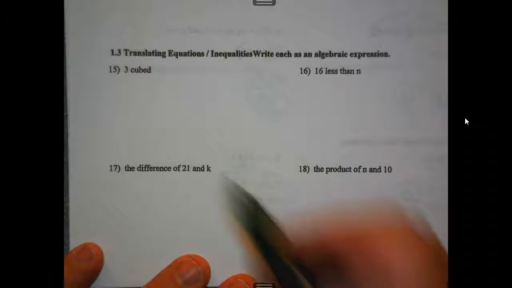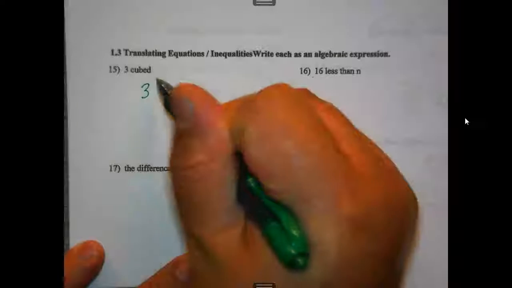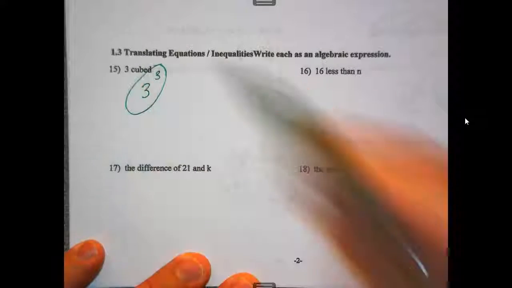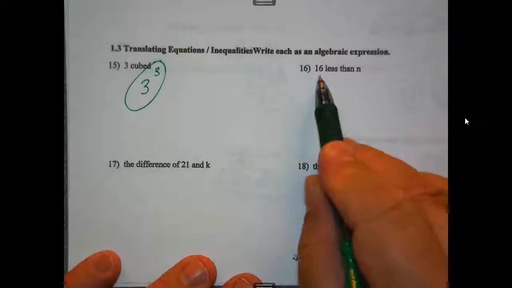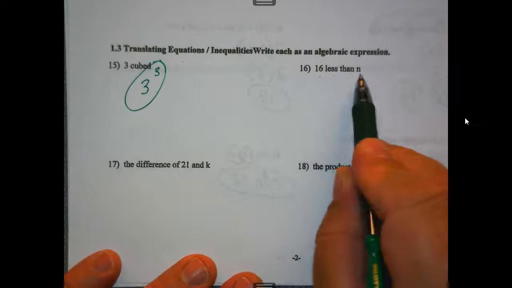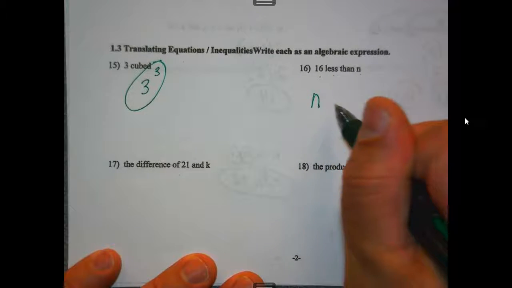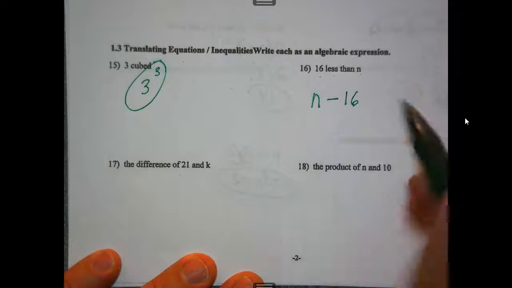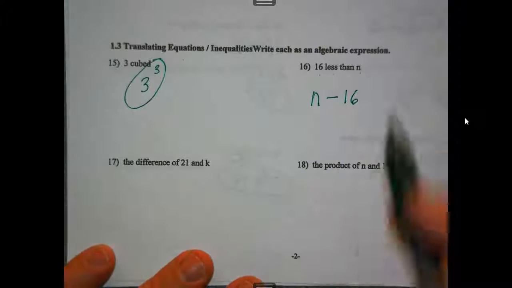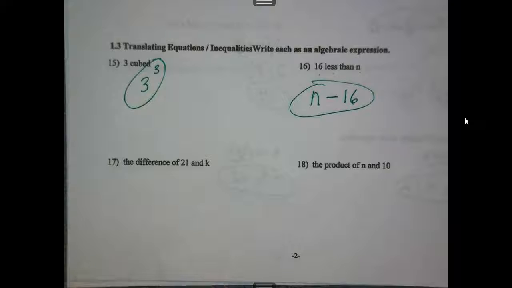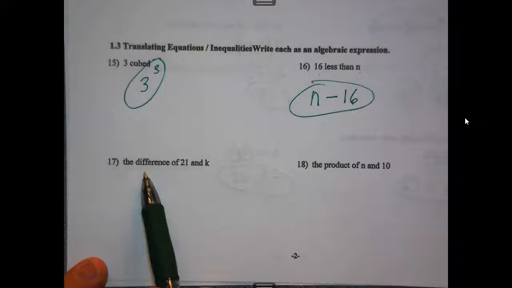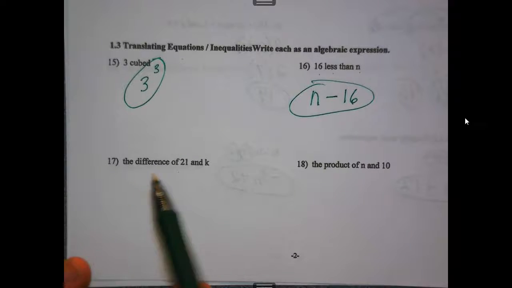Okay, 3 cubed. 3 cubed. 16 less than n. So here's the number n, and I want 16 less. This one does matter which order you put it in. 17 doesn't matter. The difference of 21 and k.